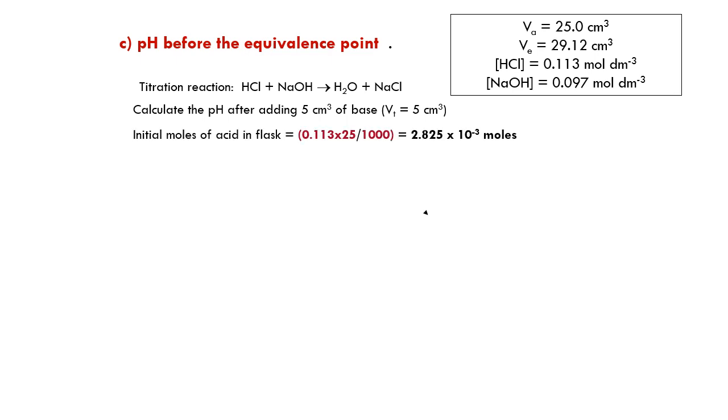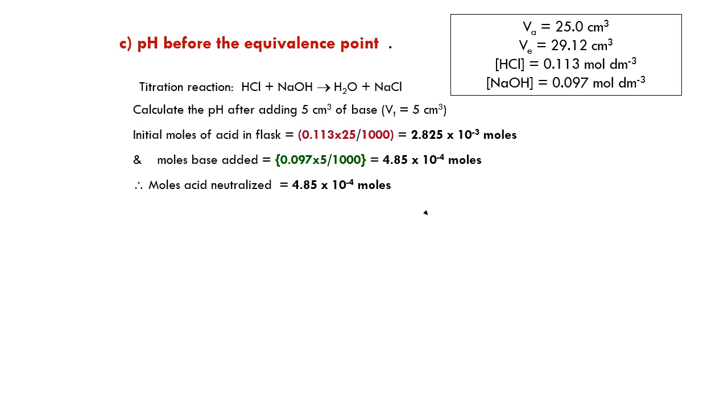Again, we saw that the initial moles of acid in the flask was the concentration times the volume in liters, giving us 2.83 × 10⁻³ moles. In this case, we've added 5 cm³ of base. So we can determine the moles of base that have been added by multiplying the concentration of the base times the volume in liters that has been added.